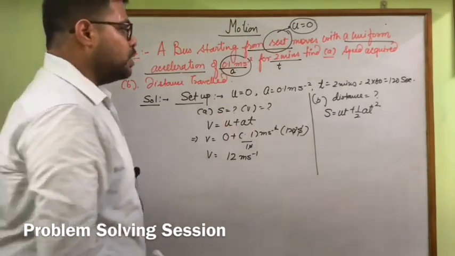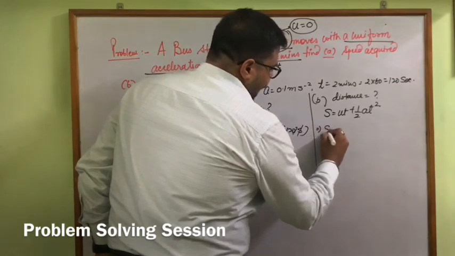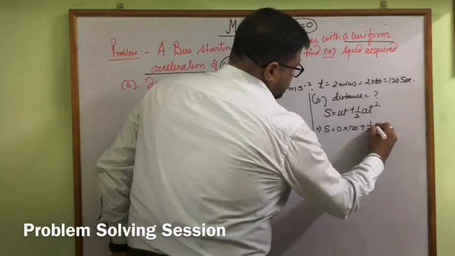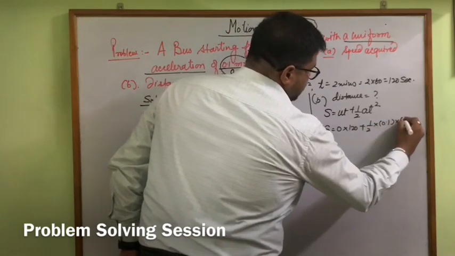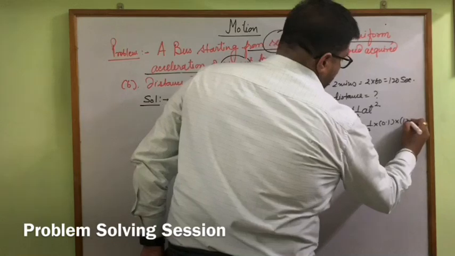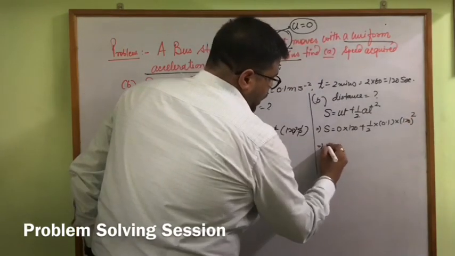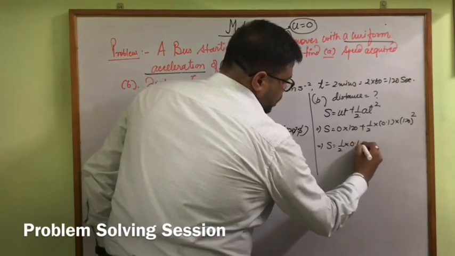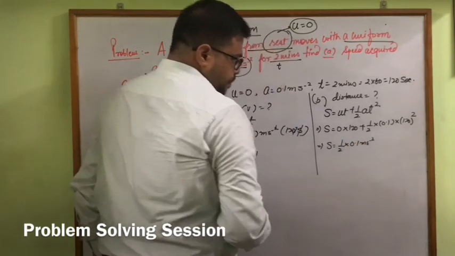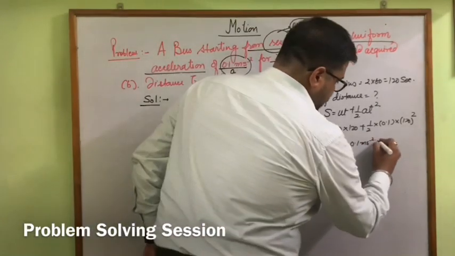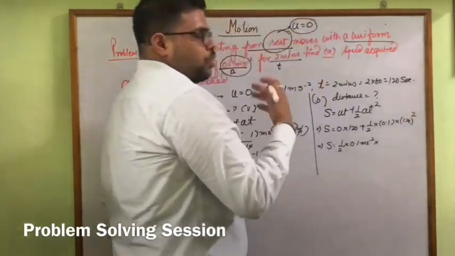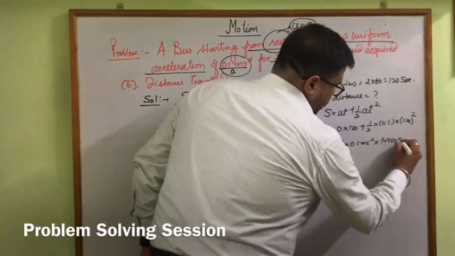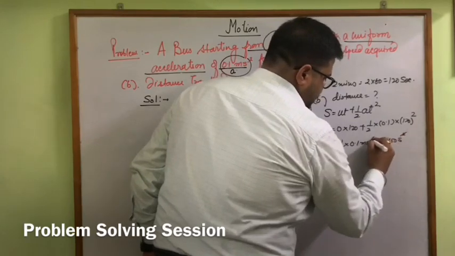Now we can say s will be here, u is 0 so that term is 0, and half is 0.1 into t is 120 whole square. Now as this first term will be 0, the remaining part will be 0.1 meter second inverse square, and the square of 120 is 14400. So the second square and this one are cancelled.